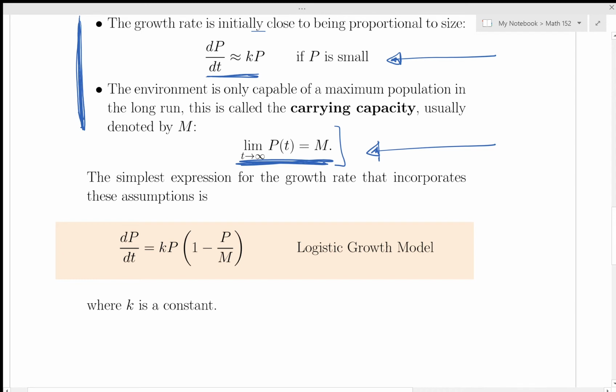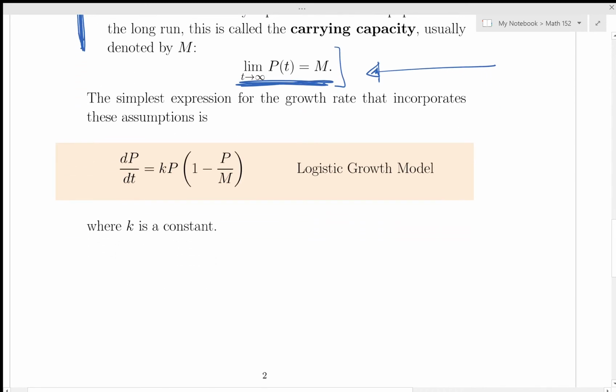At this point, our mathematics kicks into gear, and we have a differential equation that says the rate of population change is proportional to the population we currently have, but it's also influenced by how close we are to the carrying capacity. So we will now examine this model and see what kind of predictions it makes.